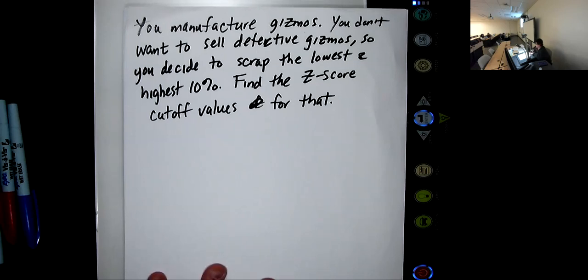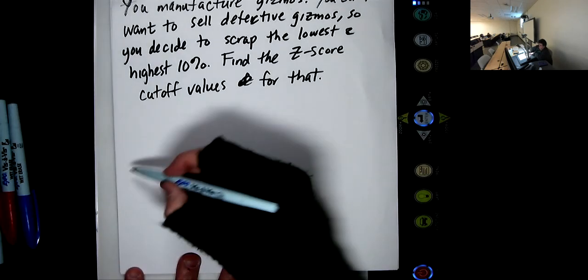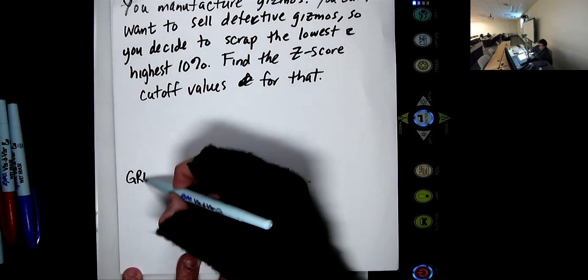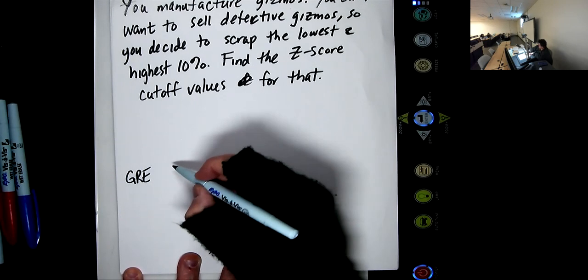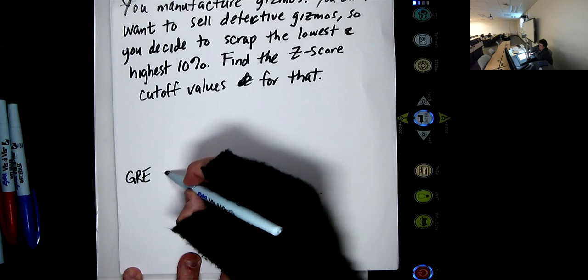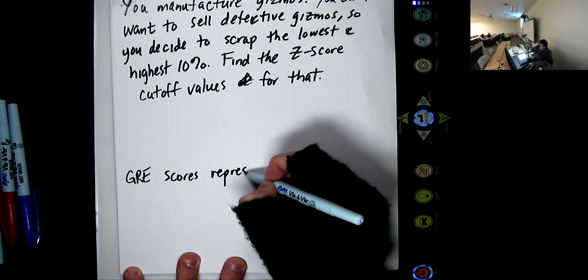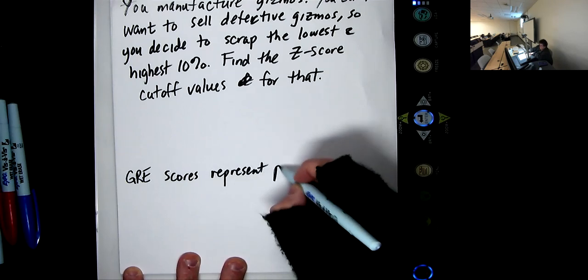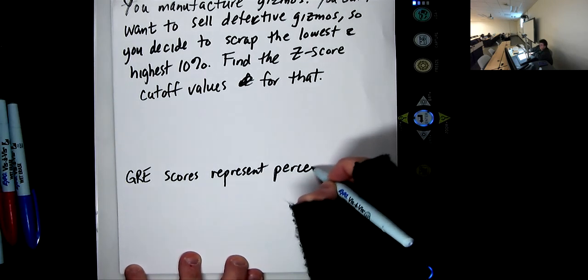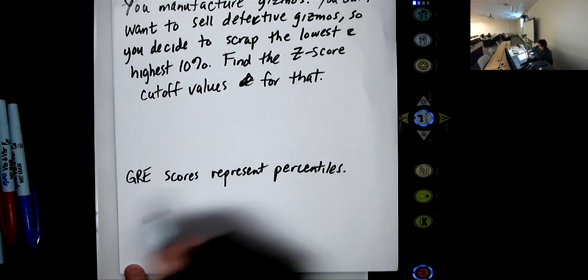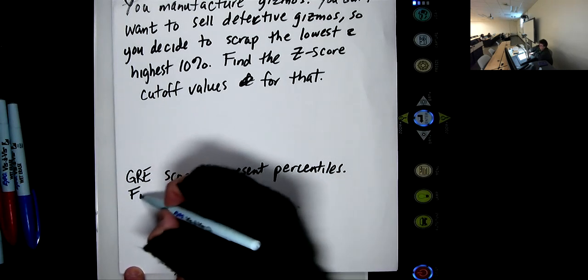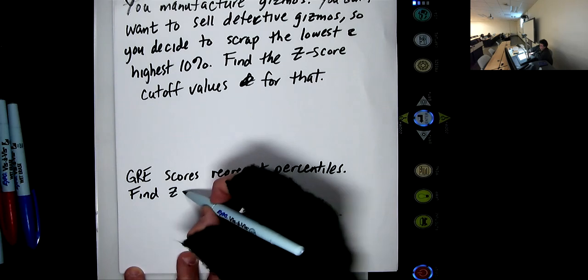I'll write down another question that we'll also do in StatCrunch, right after this. GRE scores represent percentiles. Find the Z-score for the 88th percentile.